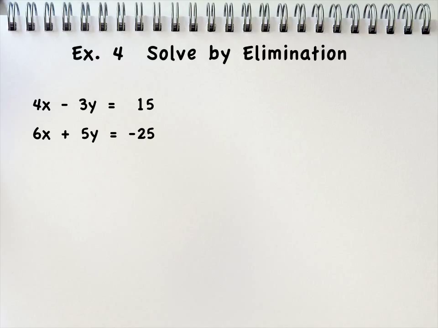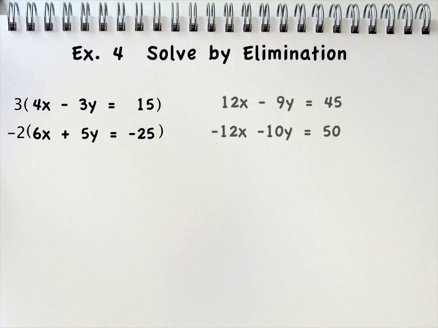So I'm looking at my x terms right now, and I'm thinking about a common multiple of 4 and 6, and I'm thinking of the number 12. So if I multiply the top equation by 3, I'd get 12x. Do you see that? If I multiply the bottom equation by negative 2, I'd get negative 12x. And that way my x terms would eliminate.